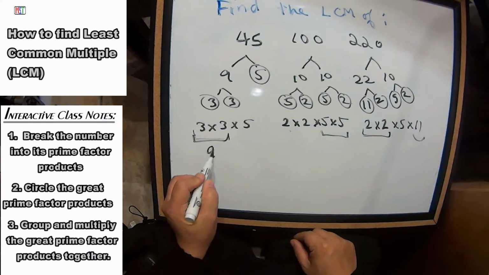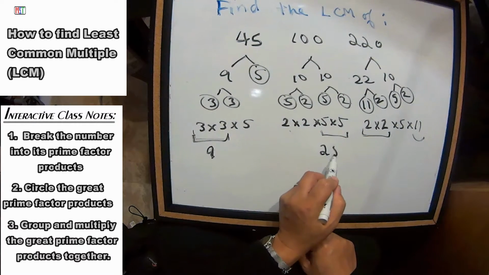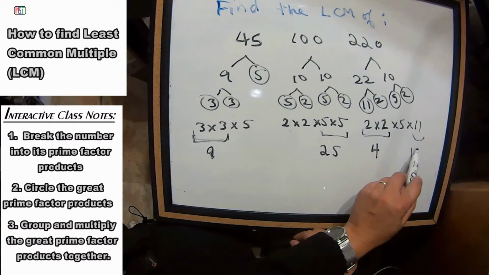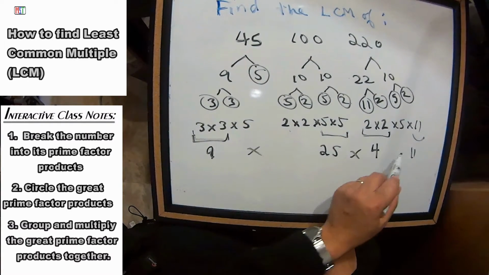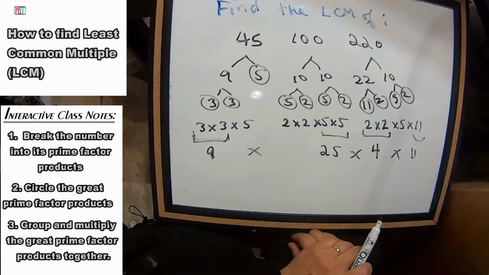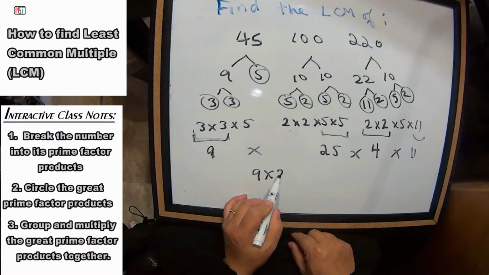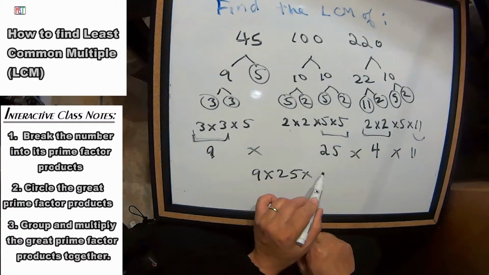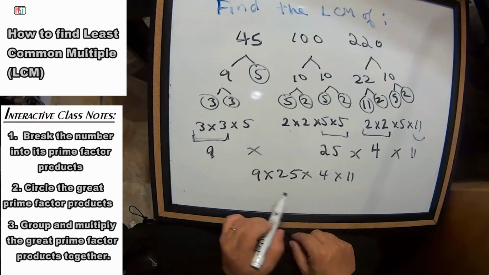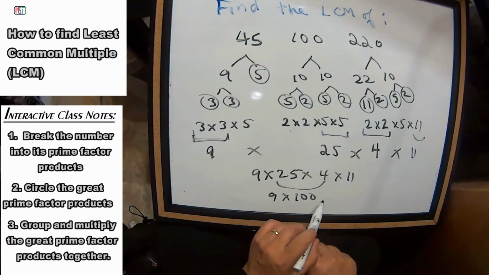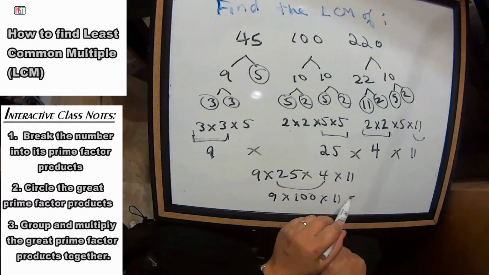3 times 3 is 9. 5 times 5 is 25. 2 times 2 is 4. And then we have 11. So we're going to multiply these 4 numbers together. Notice 25 times 4 is 100. 9 times 100 times 11.